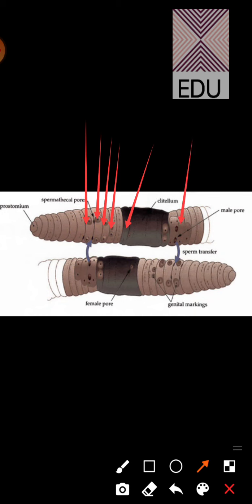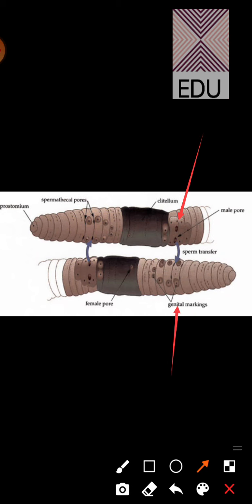What I want to say is that the two earthworms stick together in such a fashion that the male reproductive pores come against the spermathecae of the second earthworm. This is a very, very important part in fertilization.